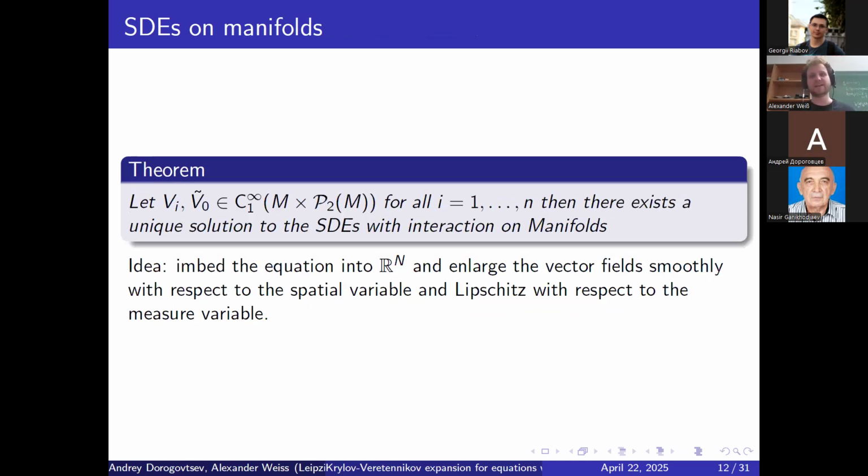Okay, then let's get to the existence and uniqueness theorem. So we consider our equation with interactions where we have our vector fields V_i, and we have this V tilde 0. The tilde comes from the fact that we have a Stratonovich integral.